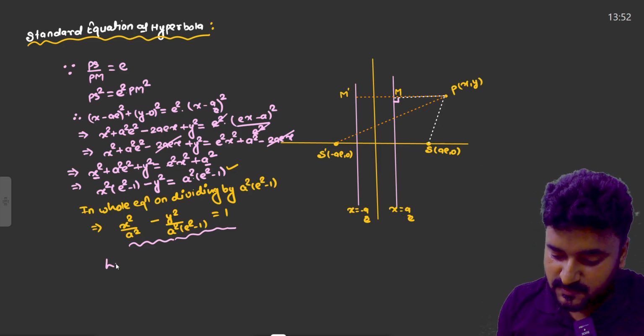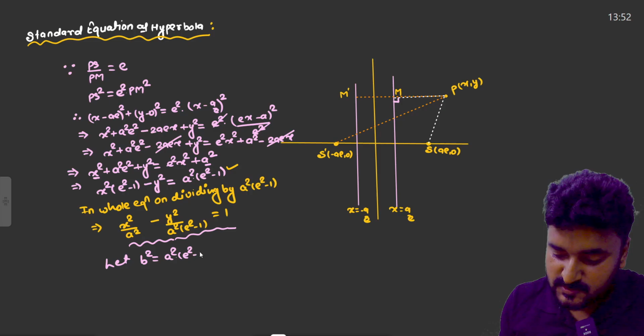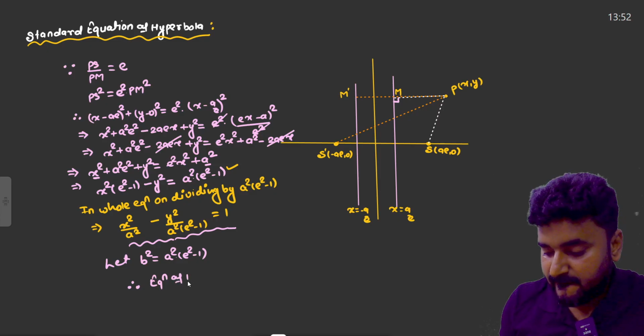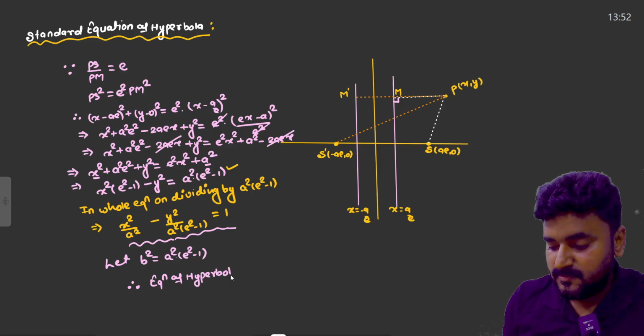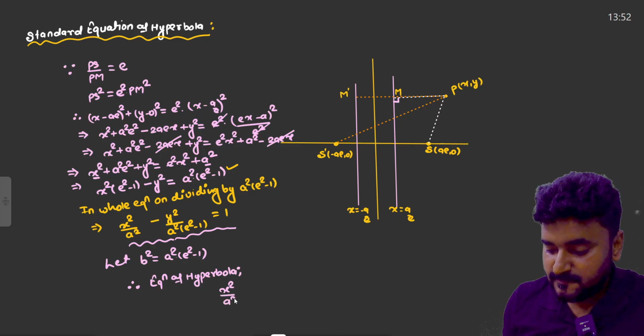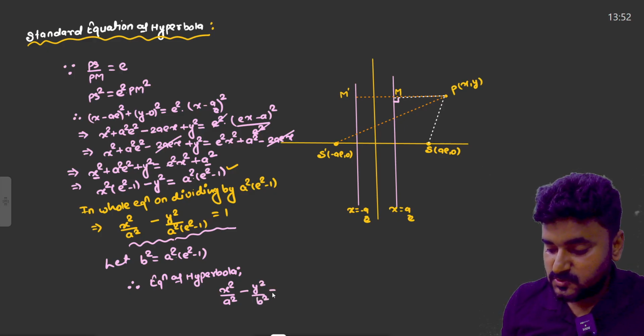So for this one I am assuming let b square equal to a square into (e square minus 1). So therefore I can write the equation of hyperbola. This is x square by a square minus y square by b square is equal to 1.